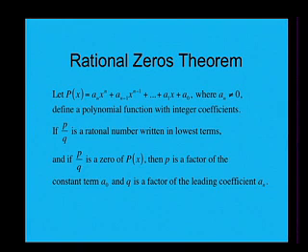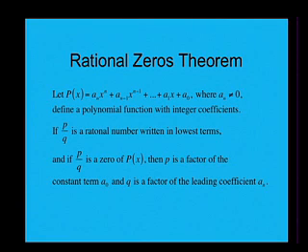the rational zeros theorem. The rational zeros theorem: let P of x equal the polynomial a sub n times x to the n plus a sub n minus 1 times x to the n minus 1 plus a sub 1 times x plus a sub 0, where a sub n does not equal 0.